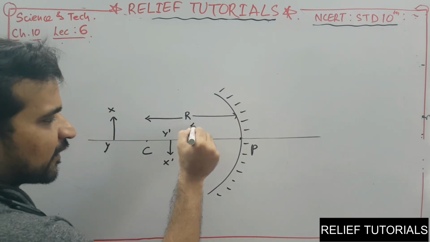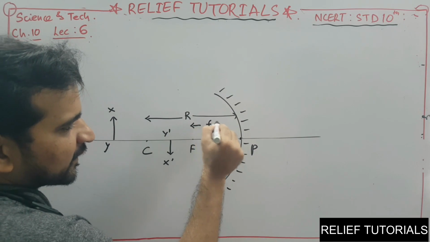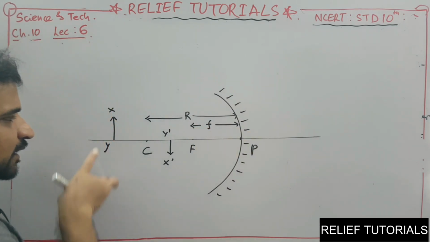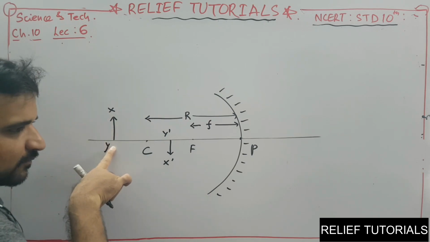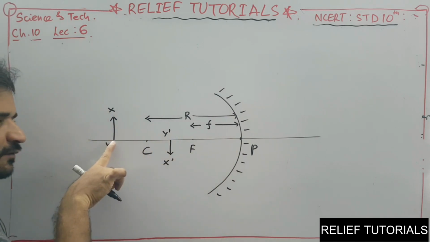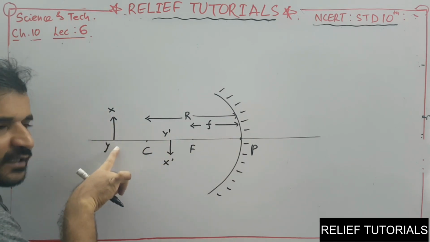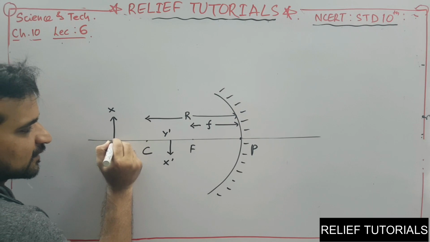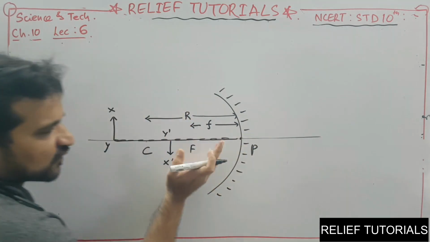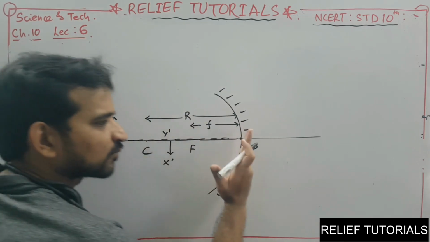The distance between F and P is called the focal length, the most important characteristic of every mirror. Here is the object. Now the distance from the pole to Y, where Y is the bottom point of the object.